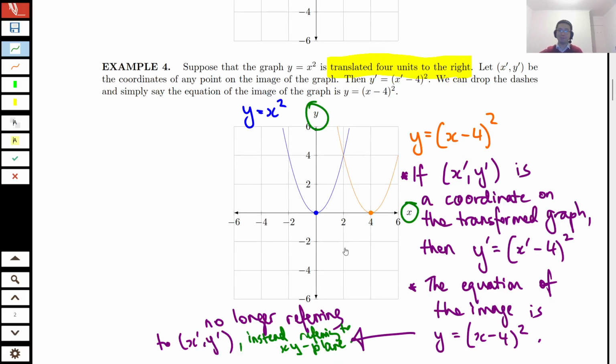Okay? So, because the coordinates xy and x dash y dash are defined with respect to the same axes, which I've done in green there, x and y, you can drop the dashes because if you refer to an x value and y value according to these axes, they follow this rule. Okay?